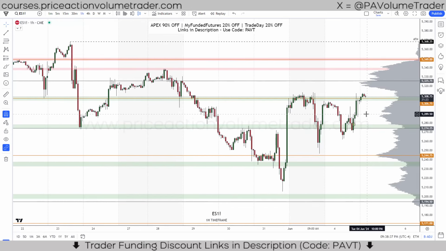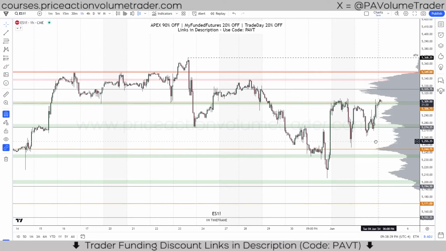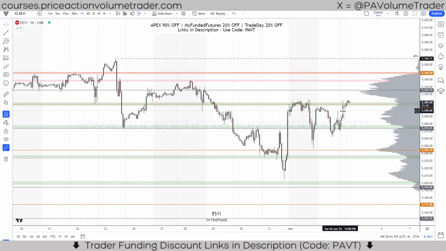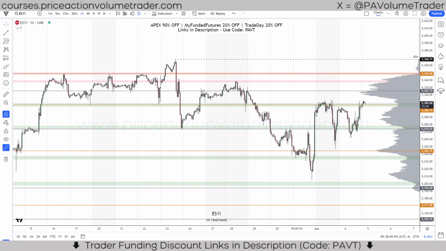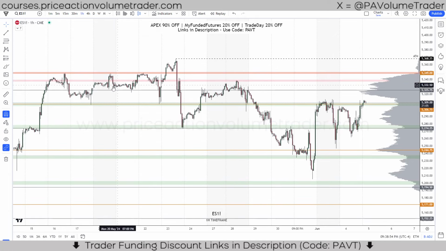So anyway, that's just an explanation, because you might notice that if you go back and try to look at the footprint back around here, it's going to be a lot different than if you look at the footprint on the most recent charts.